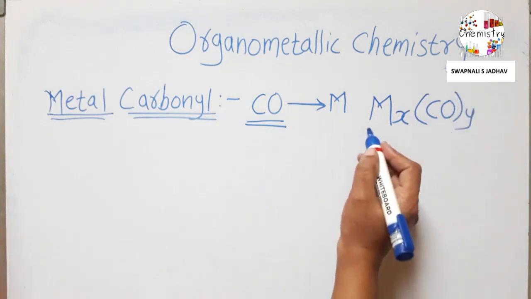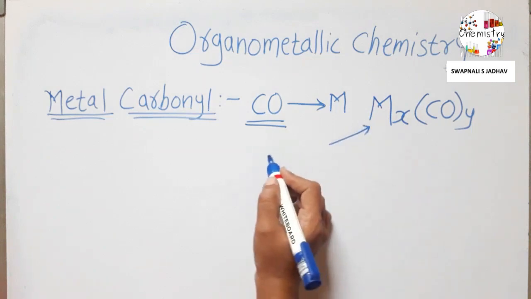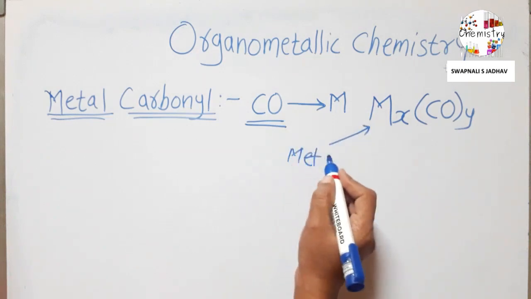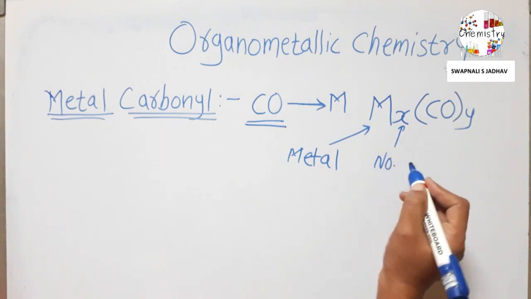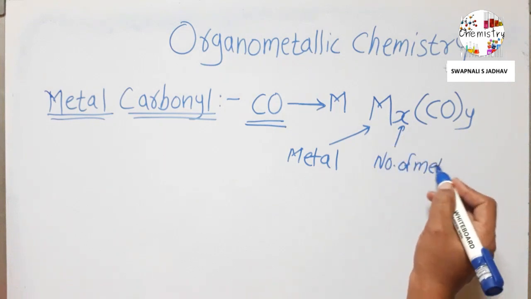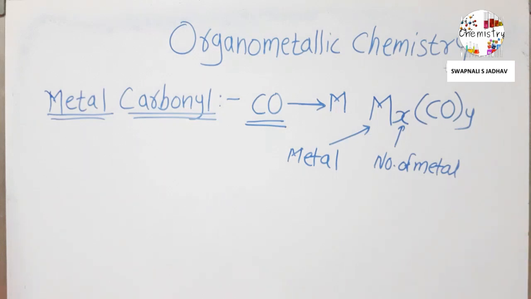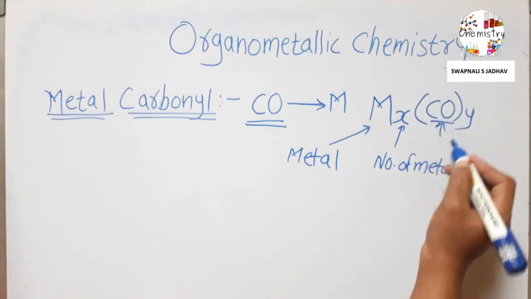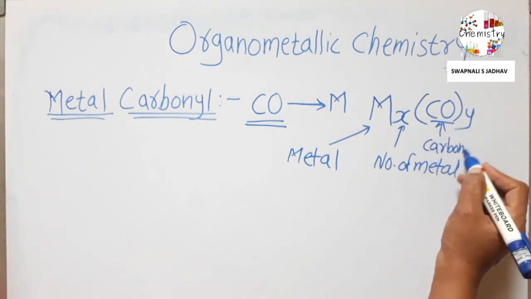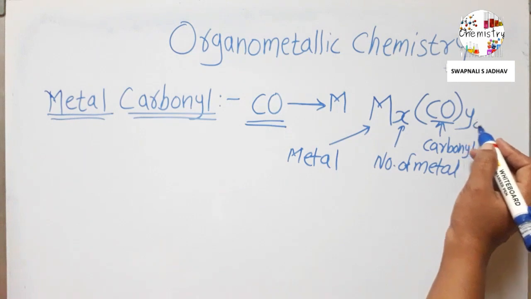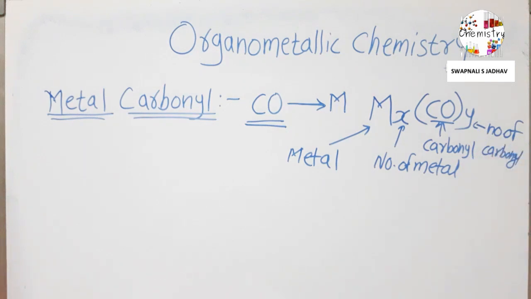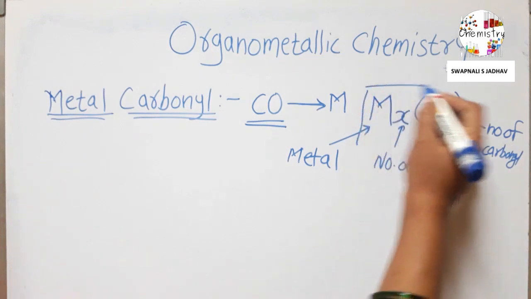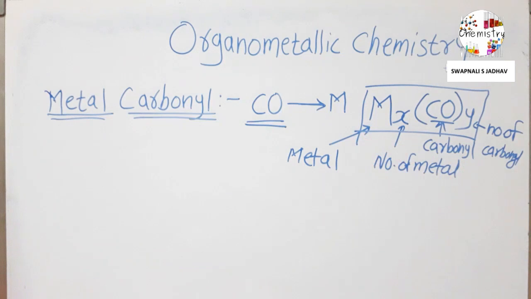MxCOy, where M is the transition metal atom, x is the number of metal atoms, that is 1, 2, 3, etc., CO is the carbonyl, and y is the number of carbonyl groups. So the general formula of metal carbonyl is MxCOy.